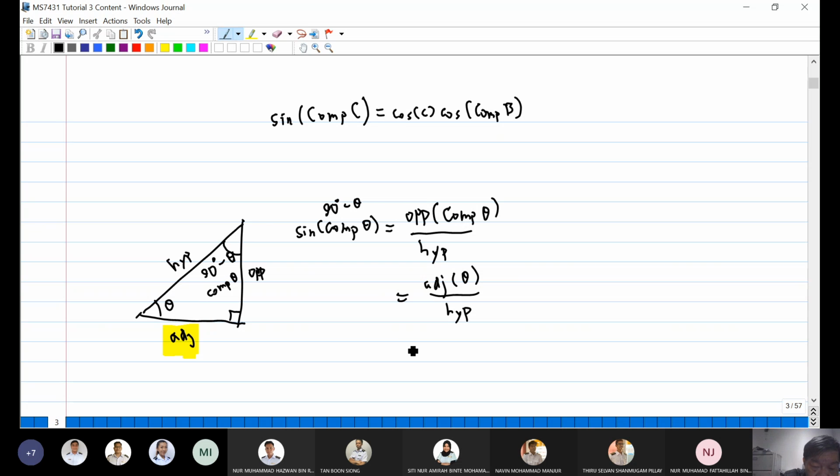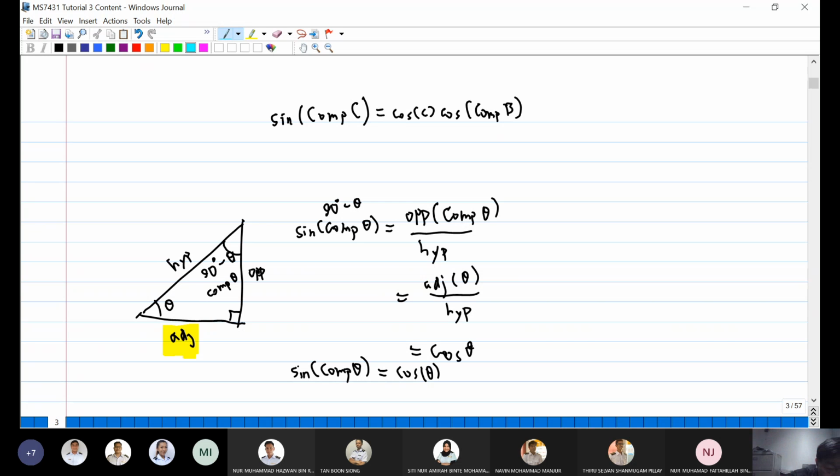By definition, adjacent over hypotenuse is cosine of theta. So sine of co-theta is actually cosine of theta.